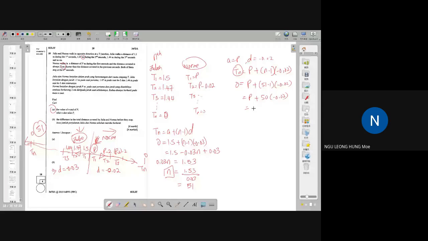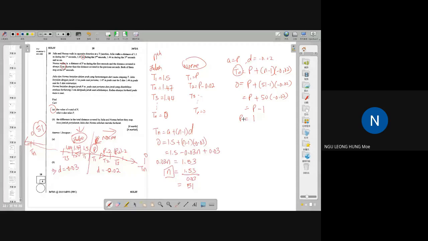Minus 1, right? So P equal to 1. Boleh faham? Ivy boleh faham untuk a?